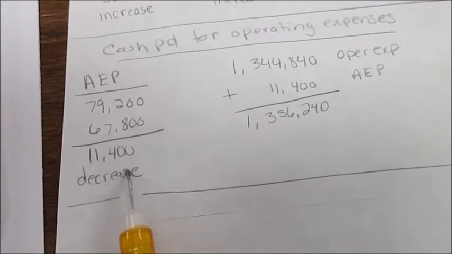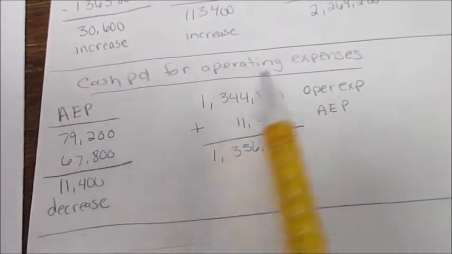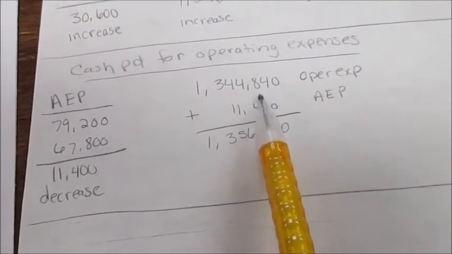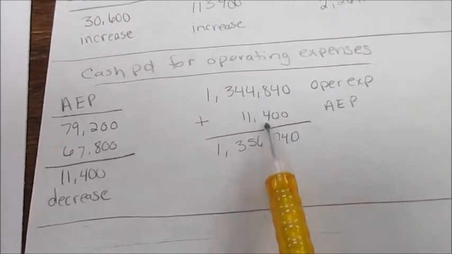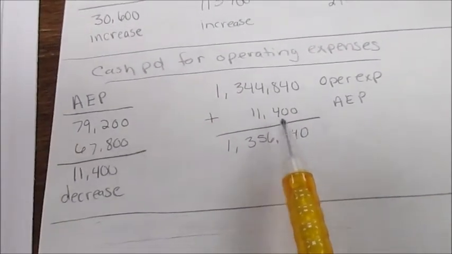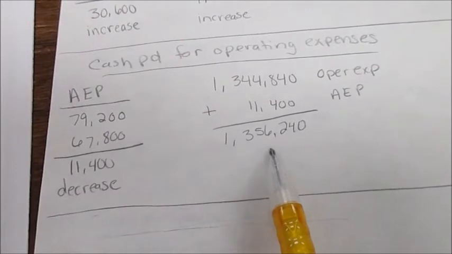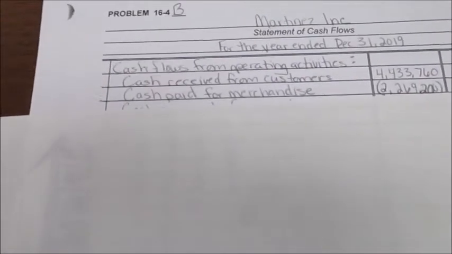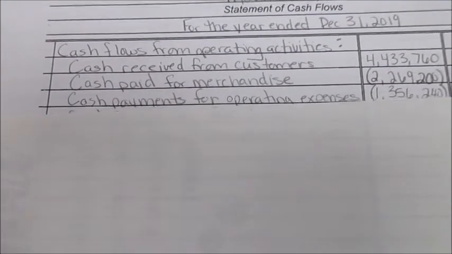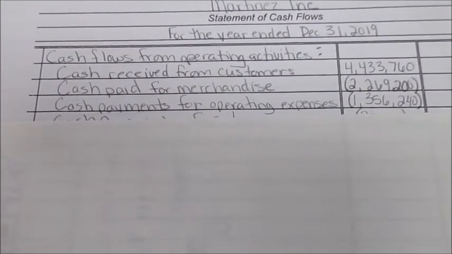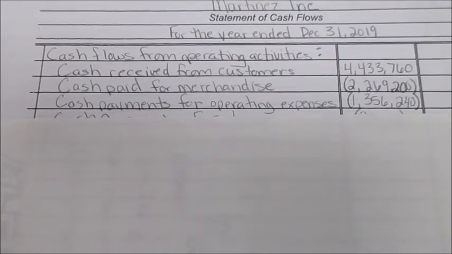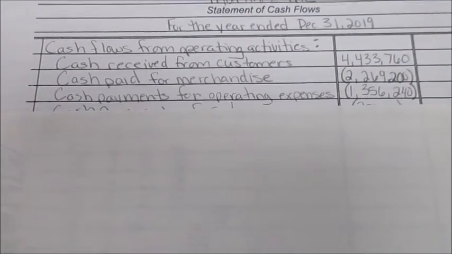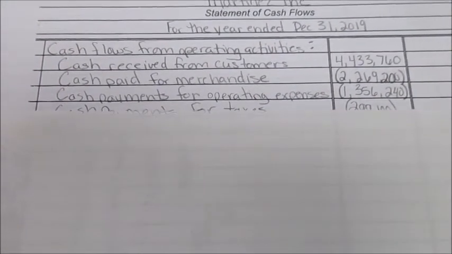We had a decrease of $11,400. So we take our total operating expenses, $1,344,840, add our $11,400, and we get $1,356,240. So this is the number we're going to take to our statement of cash flows. Cash payments for operating expenses, $1,356,240.